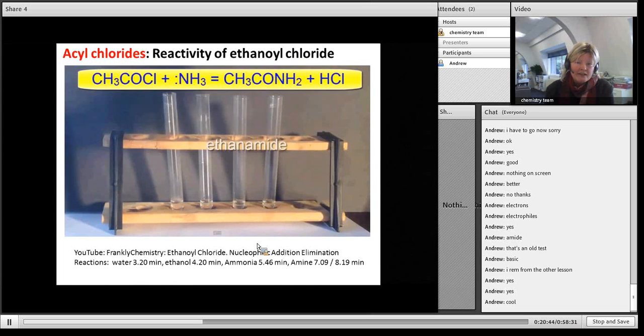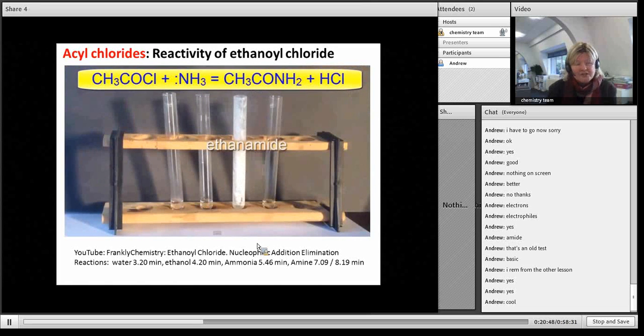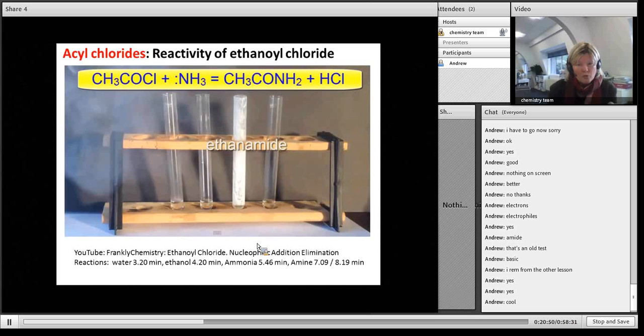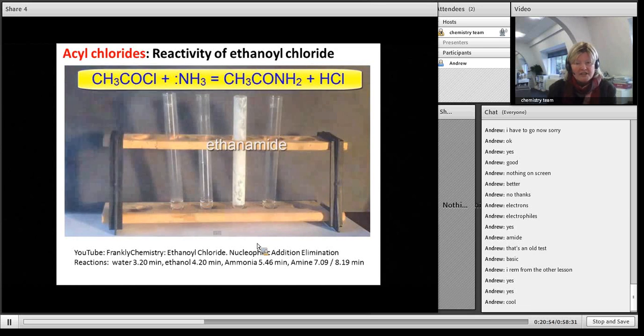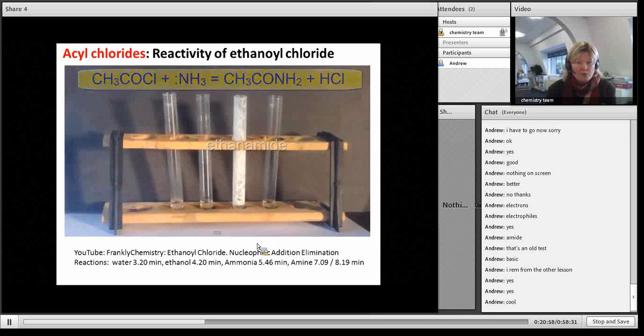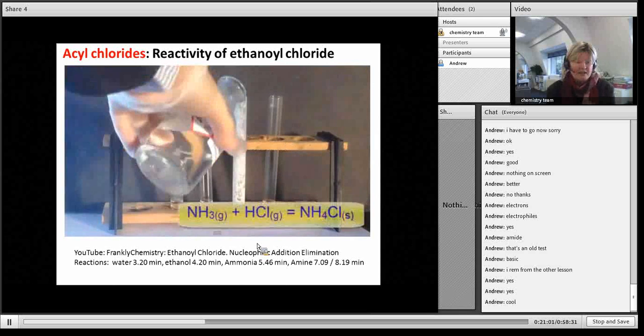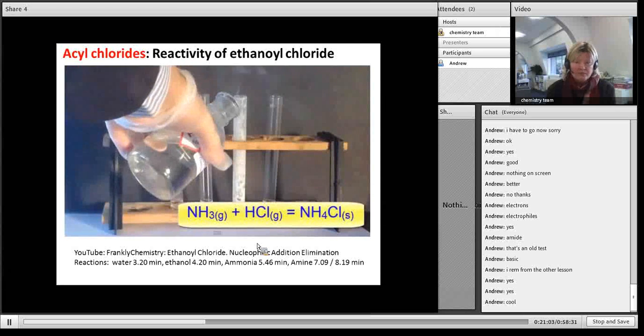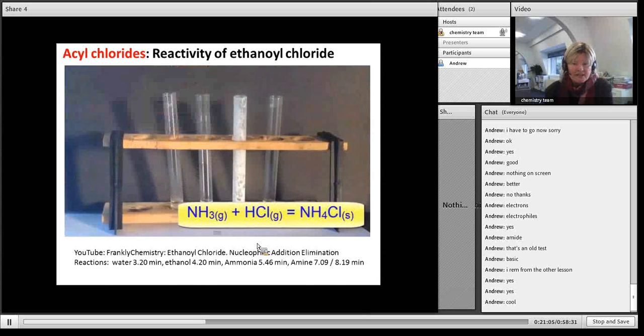There. Right, you can see it's incredibly reactive. And did you see that white solid being formed? So remember what I said when we did physical properties? The amides are solids. So what we're forming here is an amide, and it immediately goes out as a solid. So they're quite distinctive that way.